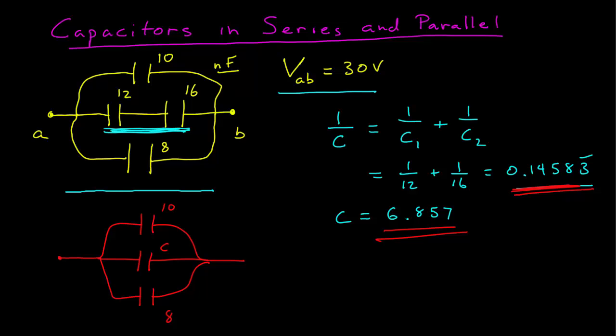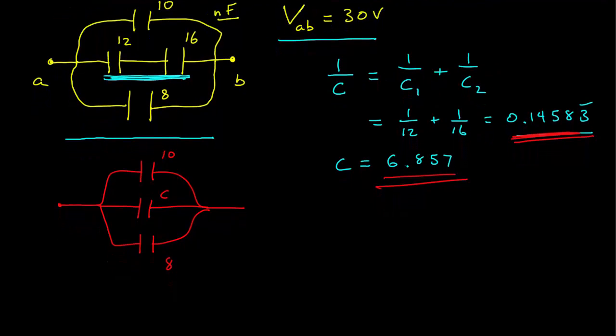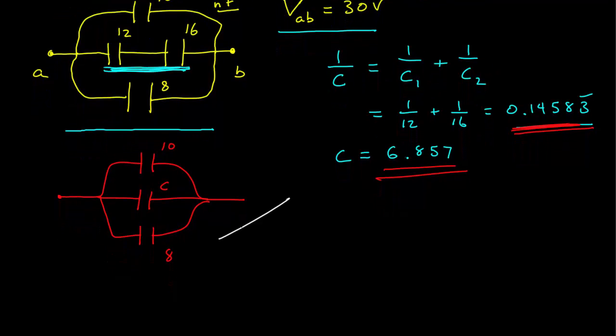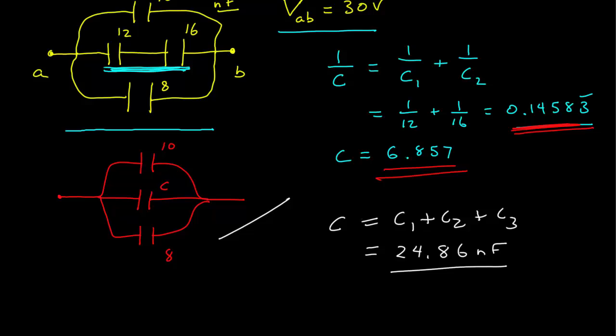So now we can go ahead and calculate the equivalent capacitance of 3 capacitors in parallel, which is just the sum of the individual capacitances. And that result I can just do in my head. That's 24.86 nanofarads, the equivalent capacitance of the entire circuit.